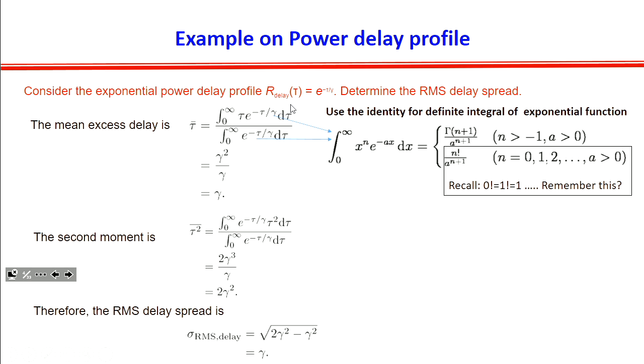So what it means is the channel has no multipath components at infinity, when the delay is so large, then there are no multipath components coming in. So the reflected signals are not there after a long time. So that's what the profile means.